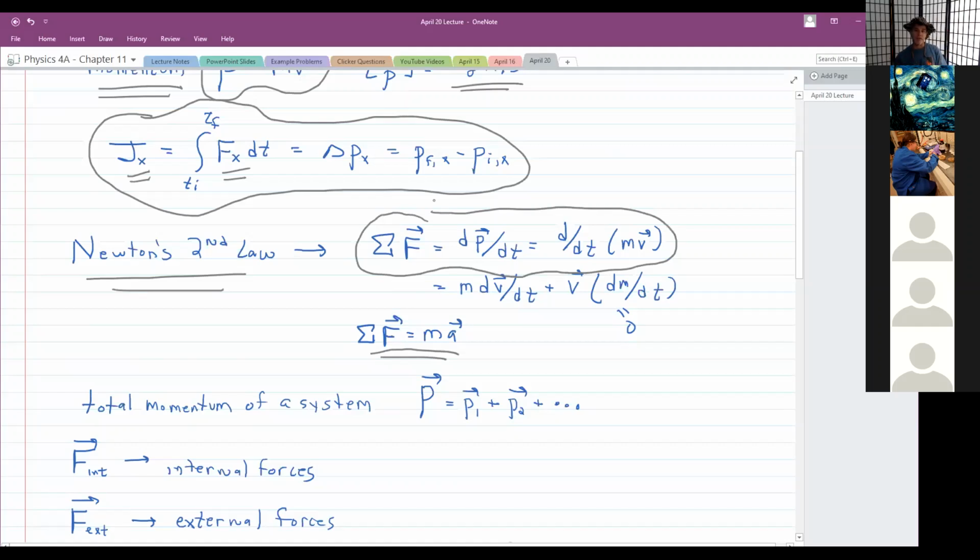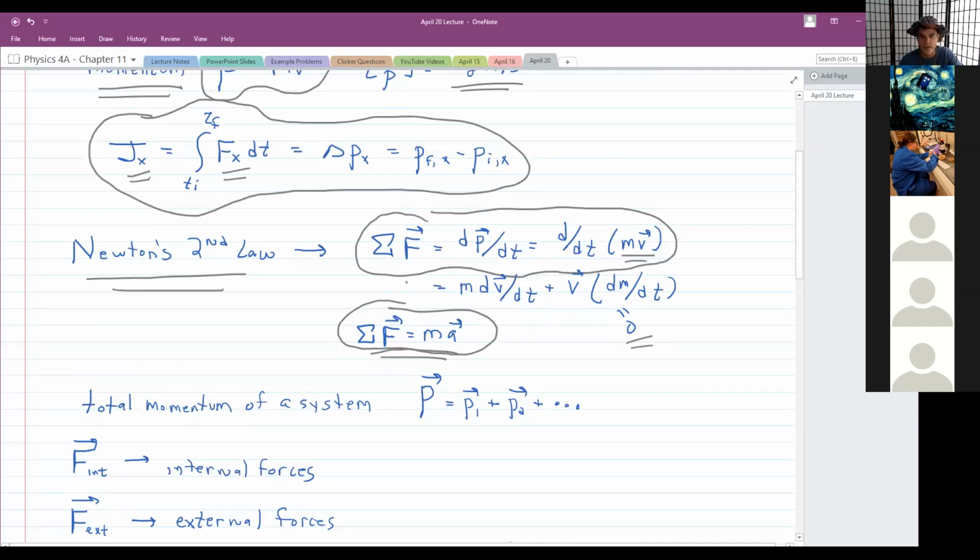Momentum is mass times velocity. So if I do d/dt of mv, I have to use the chain rule. So what I get is m dv/dt plus v dm/dt. So we are pretty much ignoring any changes of mass. So any system that we look at, we're assuming the mass doesn't change. So this dm/dt term is 0. So the sum of the forces equals ma.